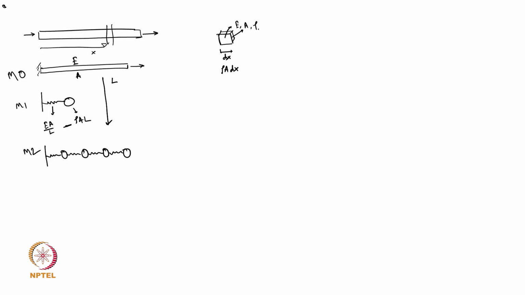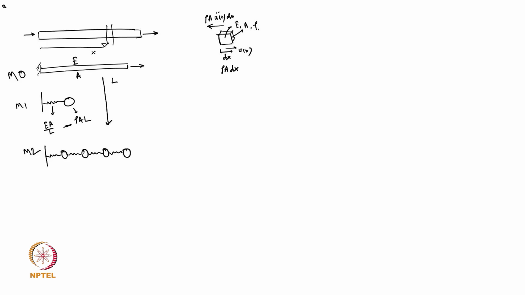Now you can think that this small element is moved by u_x amount. Why am I putting x? Because that is at distance x where that much displacement is happening, so I put u_x. So the inertia force will be rho A u_x double dot dx.